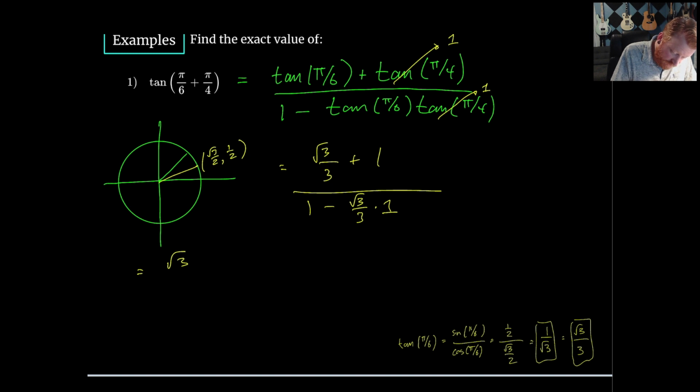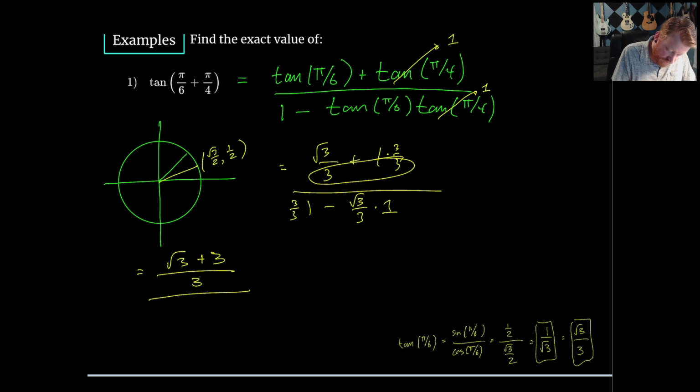If I rewrite 1 as 3 over 3, then I'll have square root of 3 plus 3, all over 3. So getting that common denominator there, then adding the numerators. And then same thing here, I can rewrite this one as 3 over 3. And then I'll have 3 minus the square root of 3, all over 3.